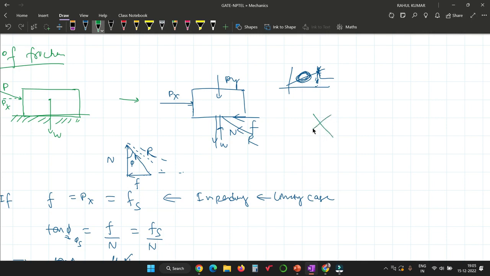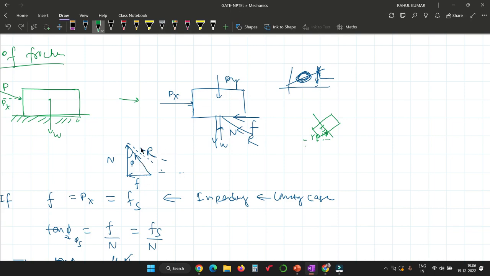If you realize the block is like this, then again either you can say that the angle phi is like this, or phi is like this. If you incline the block like this, along the perpendicular to the reaction force, in both cases the situations are the same.